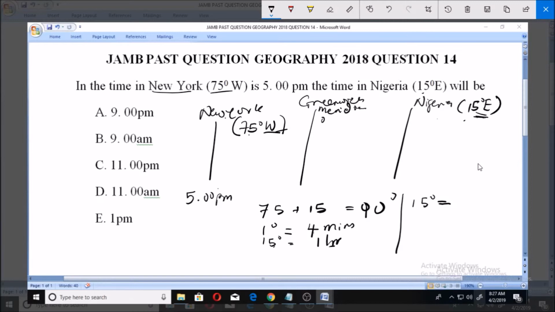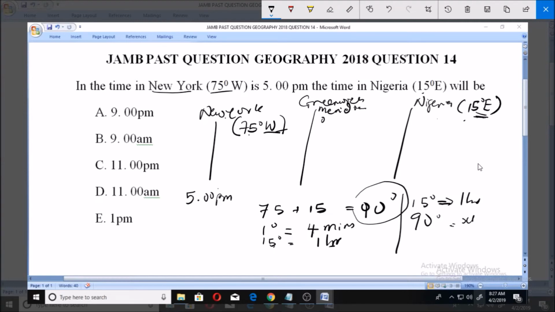So 90 degrees is going to give us X hours, and we can cross multiply: 90 over 15, which gives us 6 hours. So that is the difference between New York and Nigeria. So we can easily say that New York is 6 hours ahead of Nigeria.